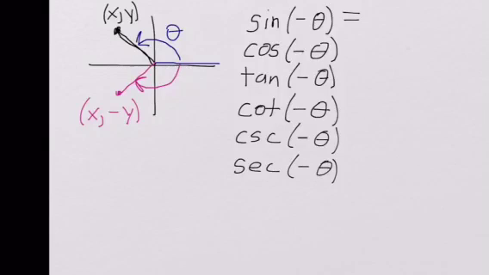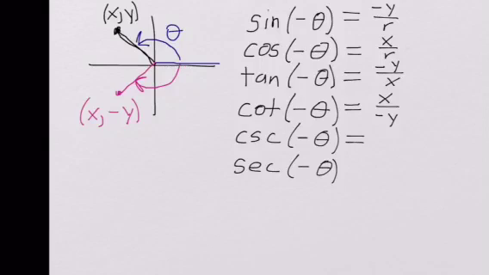Well, in this case, y has become negative y, so it's negative y over r. Cosine is x over r. That didn't change, so we still get x over r. Tangent, y over x. Y has become negative, so it's negative y over x. Cotangent is just the reciprocal of tangent. I'm going to go ahead and write this as x over negative y. Cosecant, reciprocal of the sine, so that'll be r over negative y. And the secant is the reciprocal of the cosine, so that's r over x.